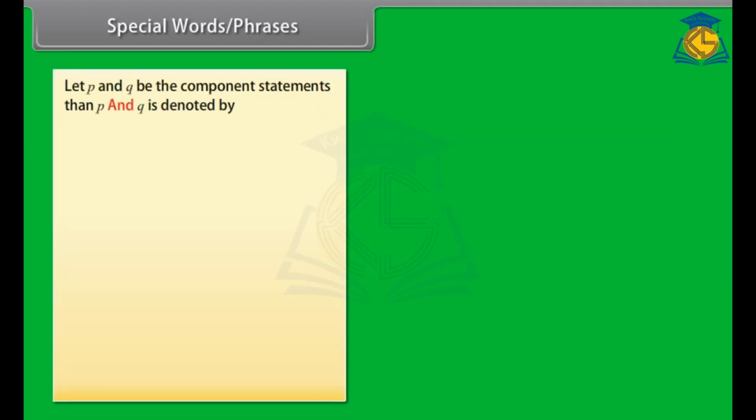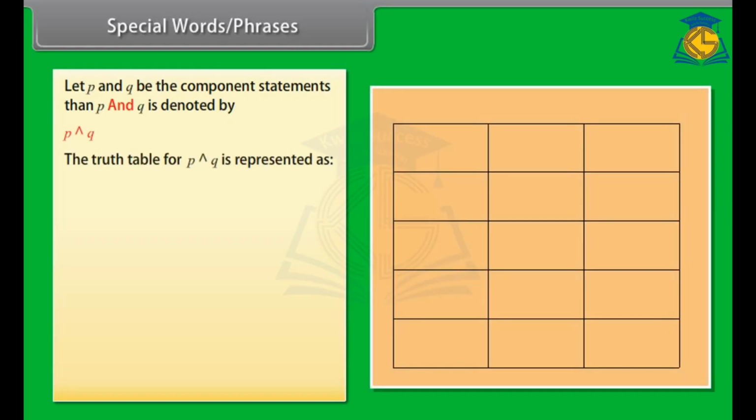Let P and Q be the component statements, then "P and Q" is denoted by P ∧ Q. The truth table for P and Q is represented as: for P true and Q true, the P and Q is true. For P true and Q false, the P and Q is false.